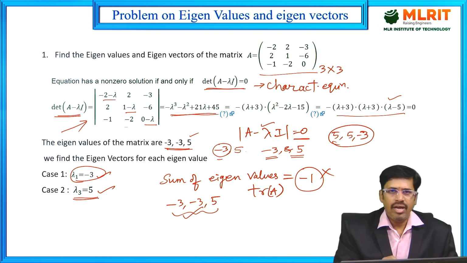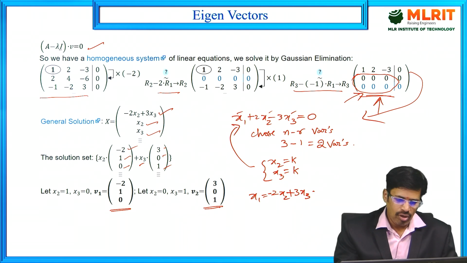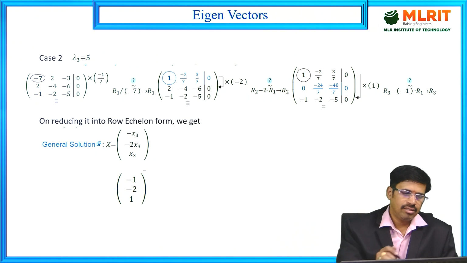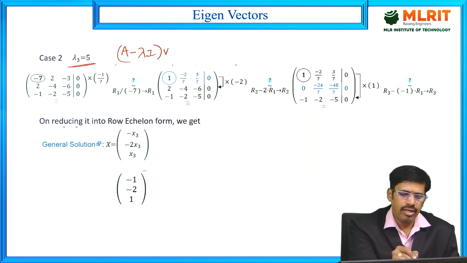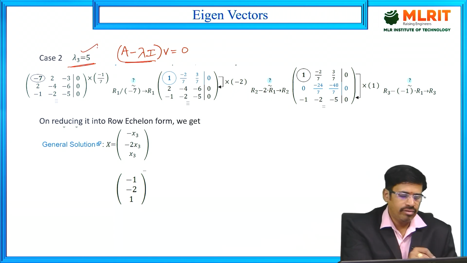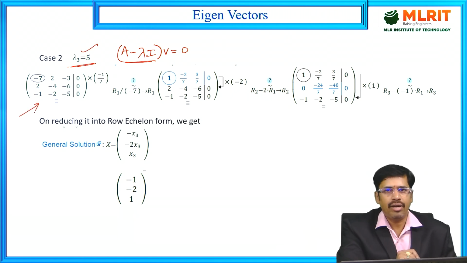Similarly, we have to find the eigenvector corresponding to lambda equal to 5. Now let us see this. Again consider the case lambda equal to 5, then write down the matrix A minus lambda I into the vector V equal to 0. So in this matrix substitute lambda equal to 5, so we get this particular matrix, and equate to zeros.